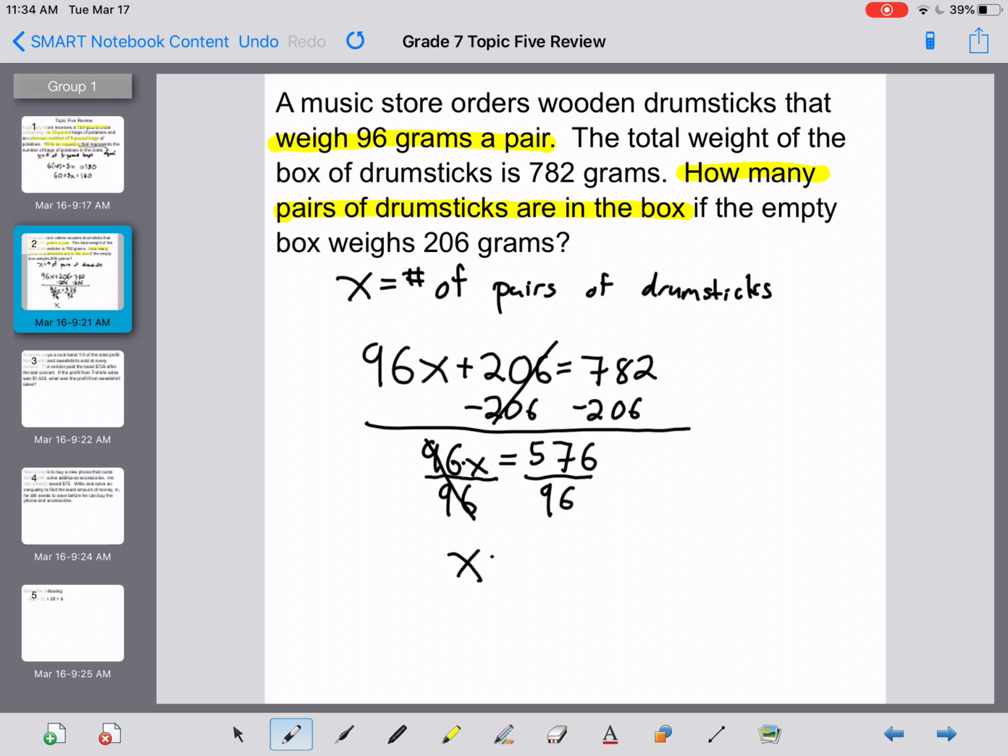I'm just left with x equals 576 divided by 96, which is equal to 6. So that means x equals 6. So there are 6 pairs of drumsticks in the box.